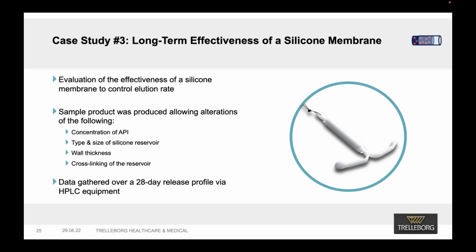And then when it comes to the reservoir, looking at the durometer, which would refer to the type and size of the silicone reservoir that's going around the drug-loaded core, as well as the wall thickness of that membrane, and then the degree to which the cross-linking has been completed as well. So all of those were factors that were considered as we designed these going forward.